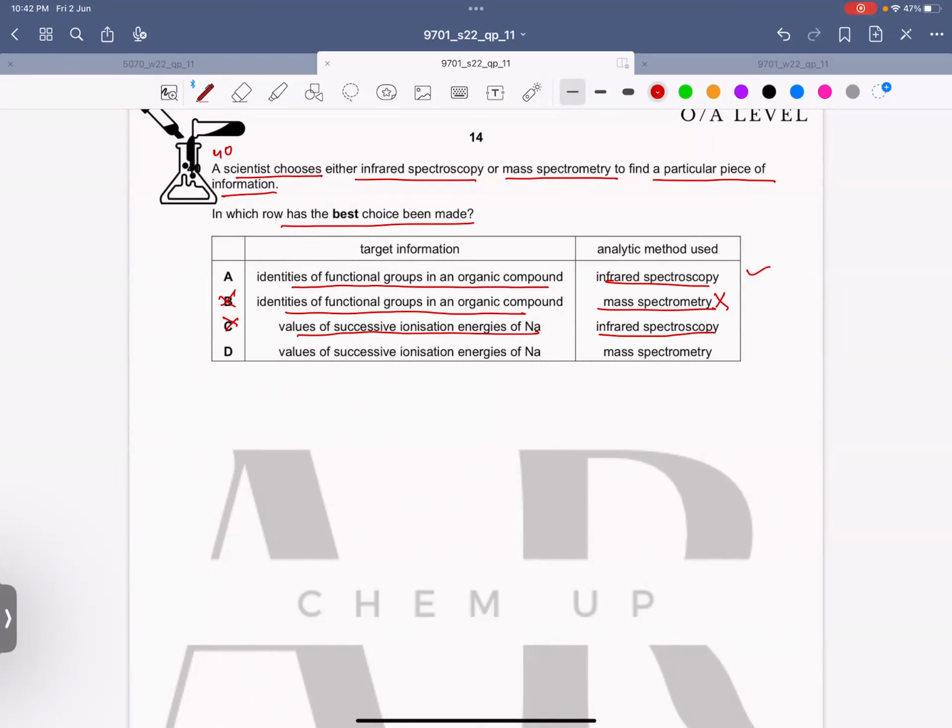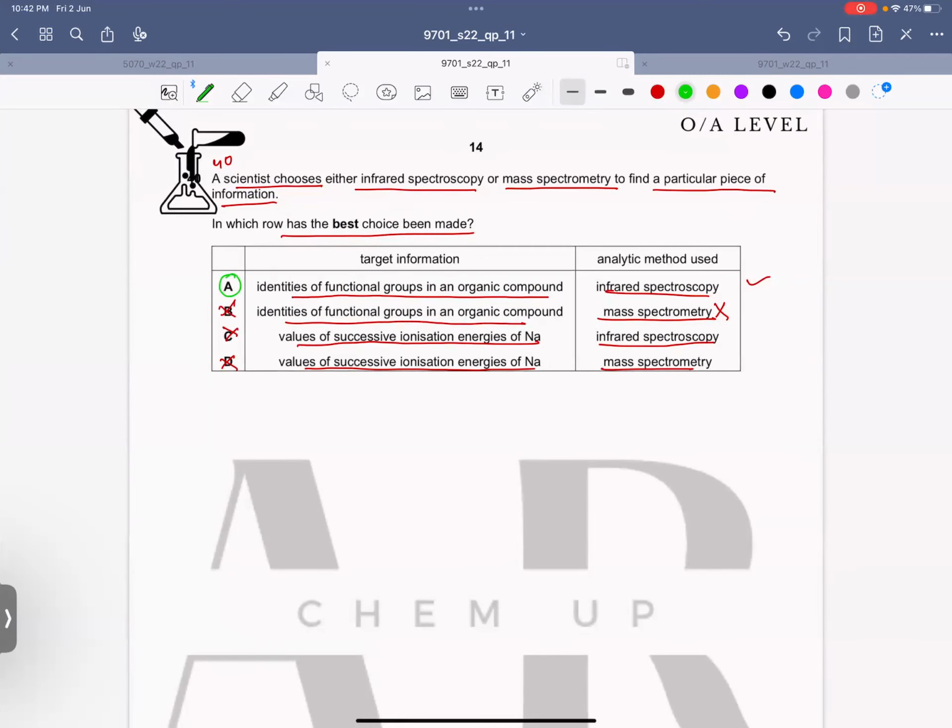Now, D part. Values of successive ionization energies of sodium: mass spectrometry. So, if you go for the best choice, D also goes wrong because infrared spectroscopy is used to identify the functional groups in an organic compound, and that's why A is correct.